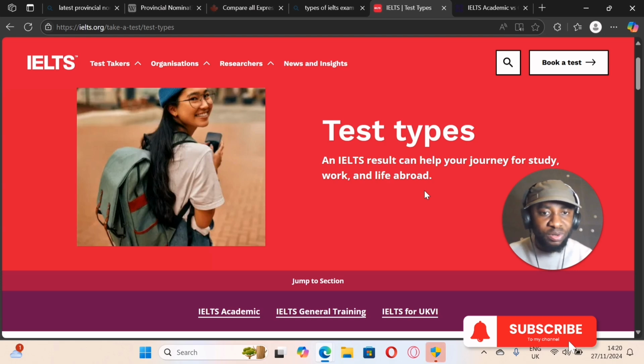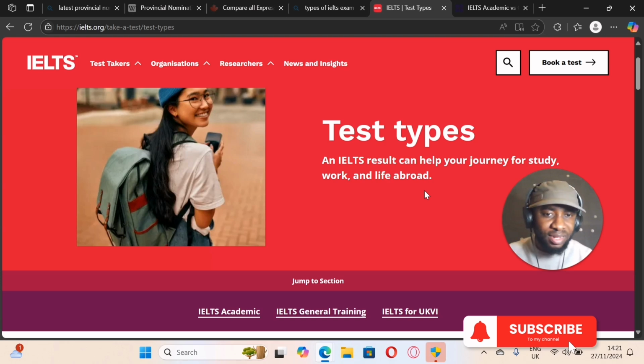So the purpose of this test is just to facilitate the process of your journey to study or to work and to live abroad. So these are the three main reasons why people write the IELTS.